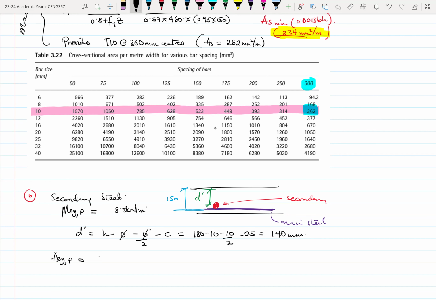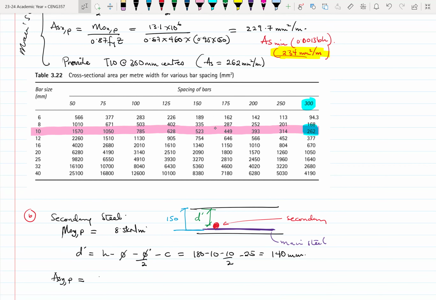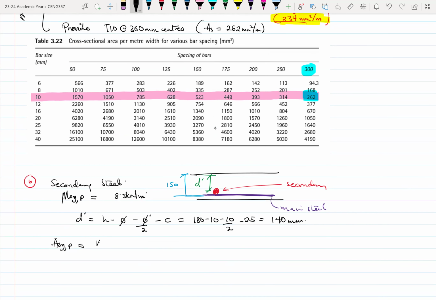Okay. So with that, I can find my AS, let's say ASYP, and that'll give me MXYP over 0.87 times FY times Z. So this becomes 8.5 times 10 exponent 6 divided by 0.87 times 460 times 0.95 times 140.